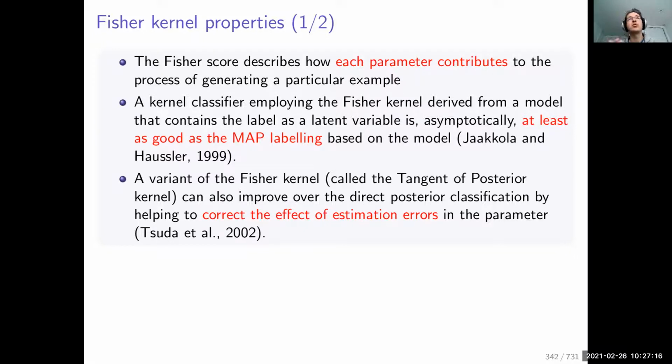It leads, for example, to a procedure called maximum a posteriori labeling, which is based on a model. And it's possible to show that if instead you use the Fisher kernel, you are doing something a bit more clever, and I will explain what I mean by that later. Basically, the MAP labeling will be a particular case of classifier derived from the Fisher kernel, except that you can do better if you optimize your model using the Fisher kernel.